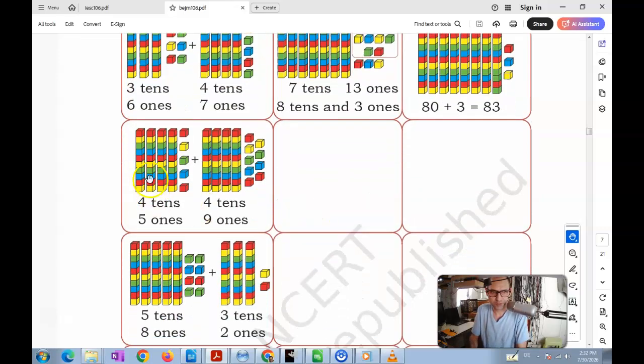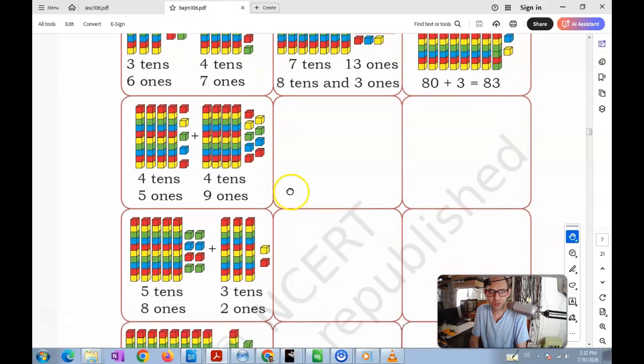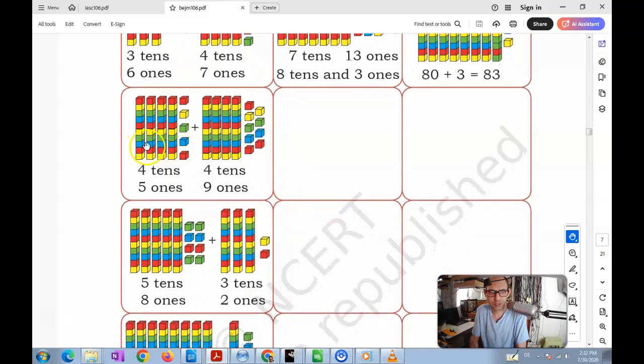Or for example, 45 plus 49. Again, you can put the groups of 10 together and put the ones together, meaning that in this case you have 5 ones and 9 ones. That's 14 ones, right?